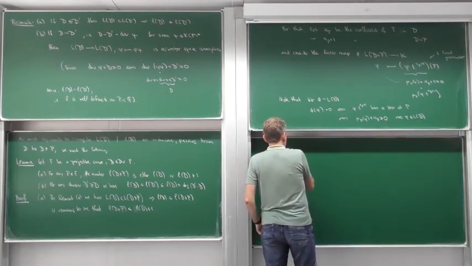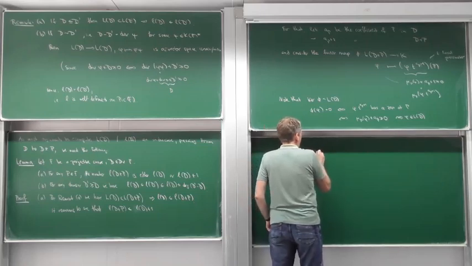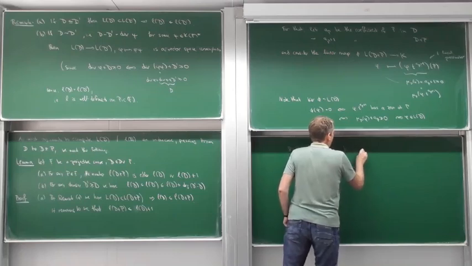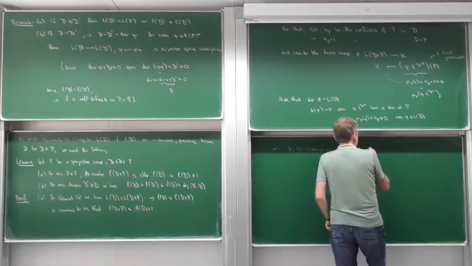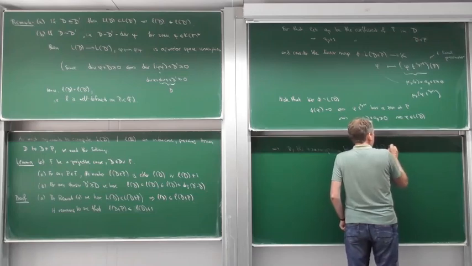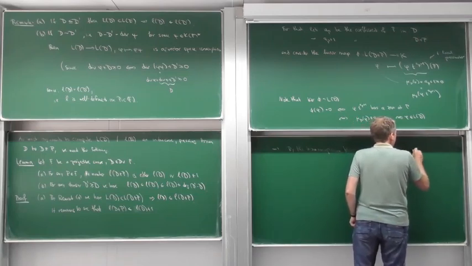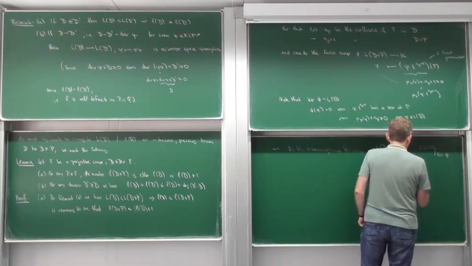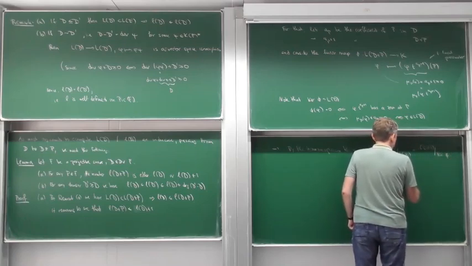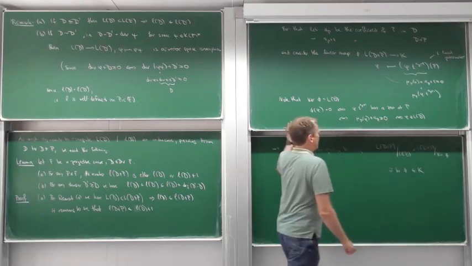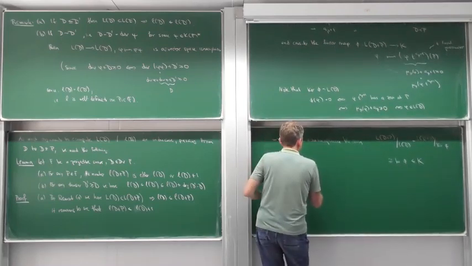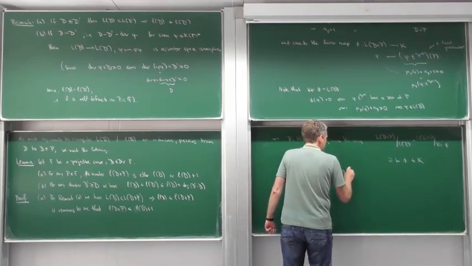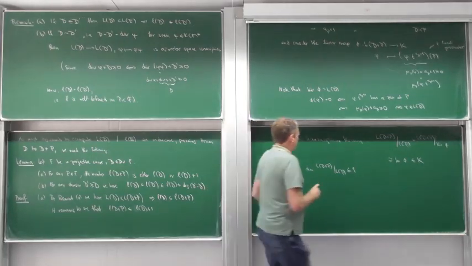So by the homomorphism theorem, we have that L of D plus P modulo the kernel of phi is isomorphic to the image of phi, and that is a subspace of K. And that means that the dimension of L of D plus P mod L of D is less than or equal to 1. That's exactly what we need.